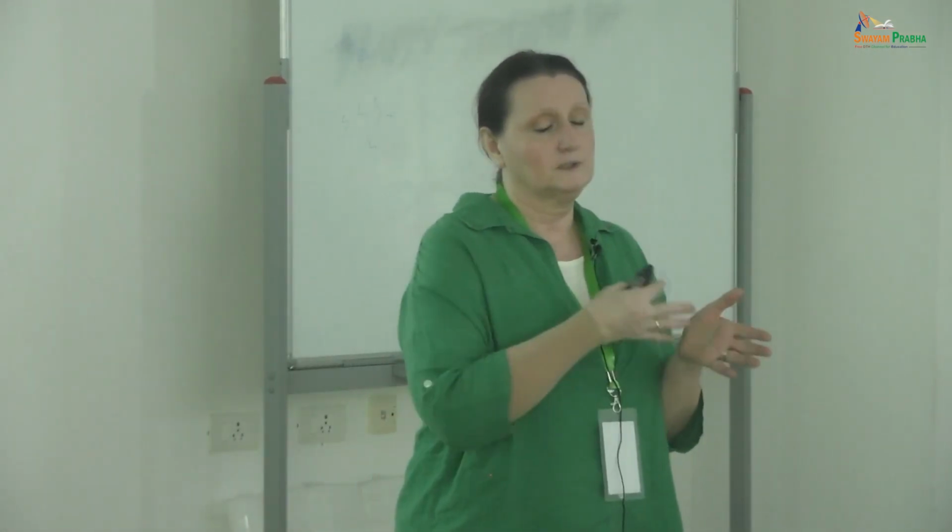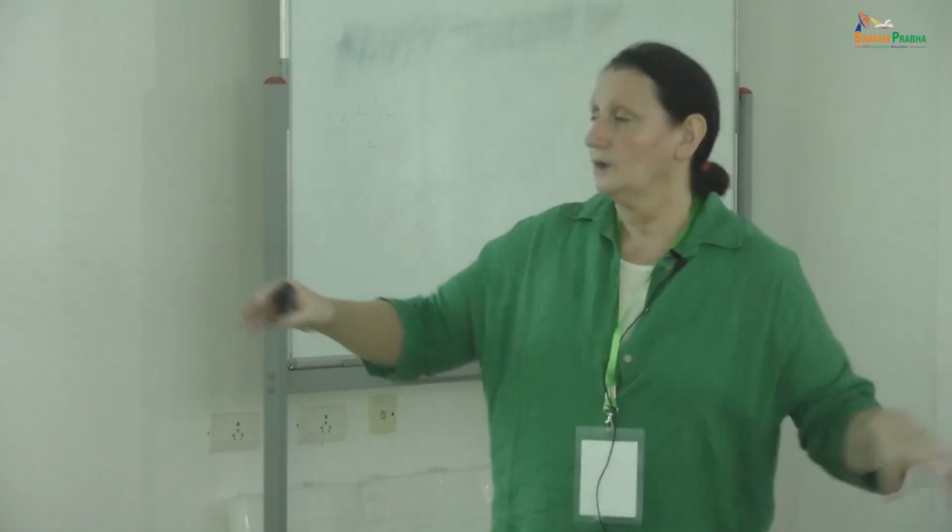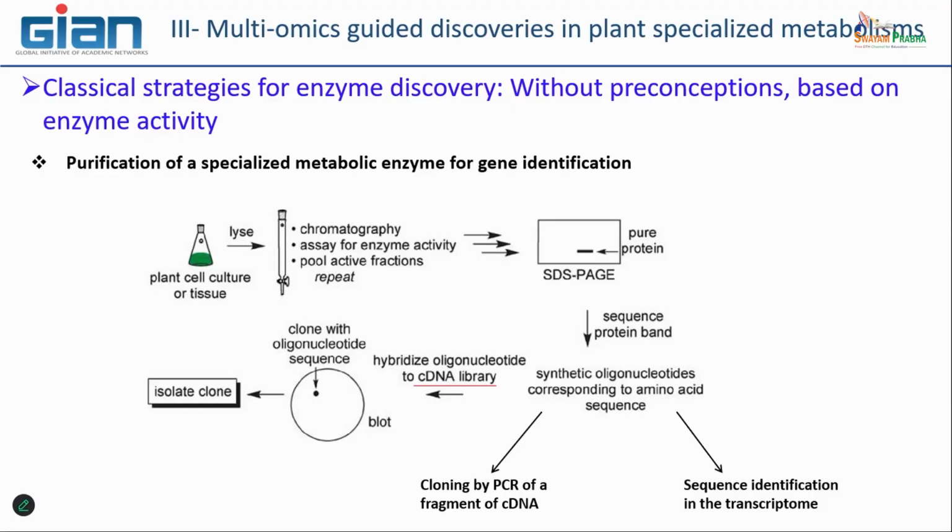If the activity is present in several fractions or subfractions, you can pool them, and afterwards you can separate all the proteins by a classical polyacrylamide gel electrophoresis strategy. In this way, you can separate all the proteins.